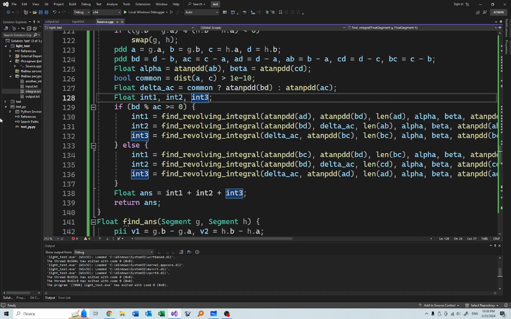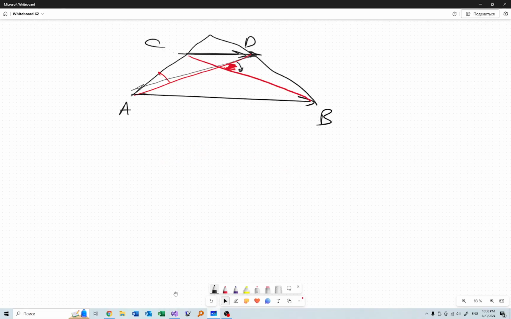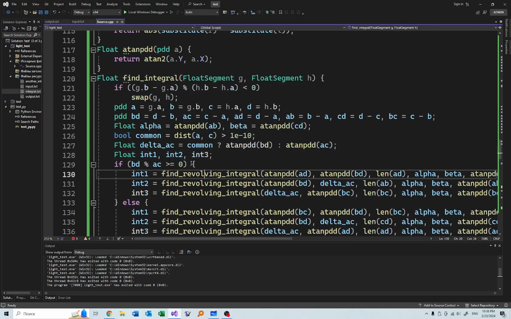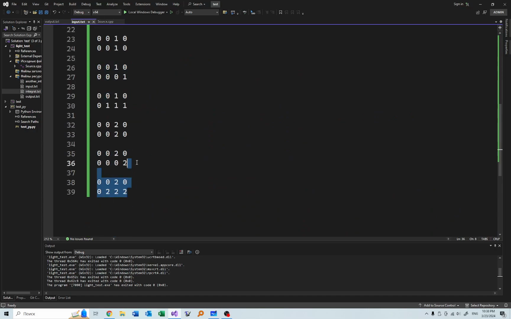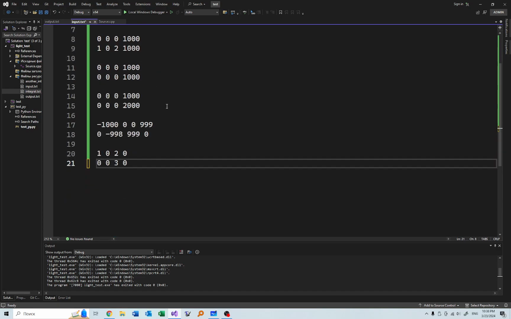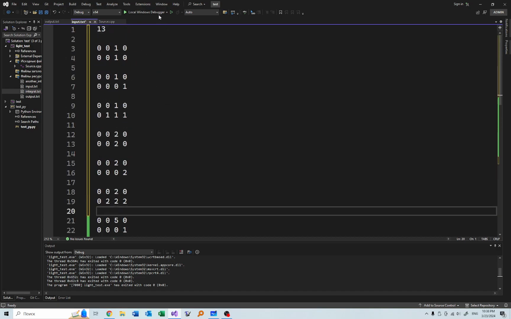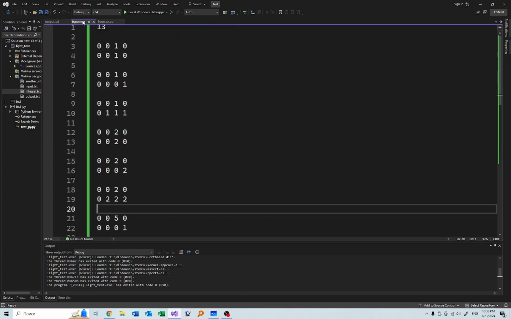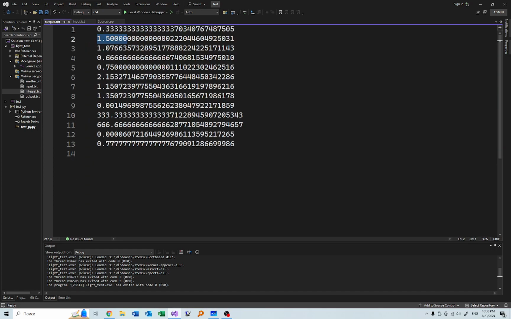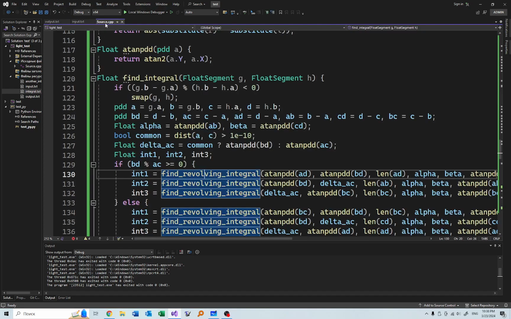Okay, we can look at what it says. It says 1.5. And actually, when everything is doubled, for some reason, it's halved. Well, it's strange. Actually, it's really strange.